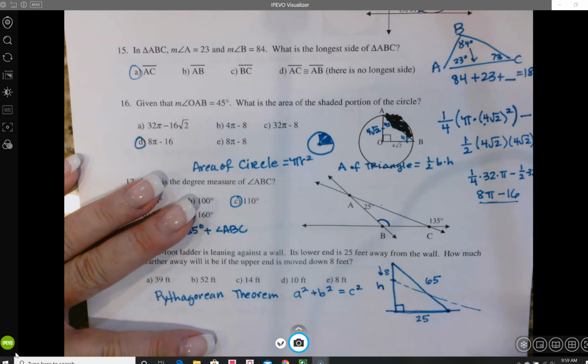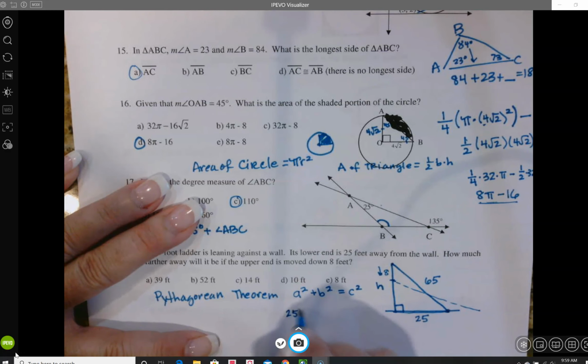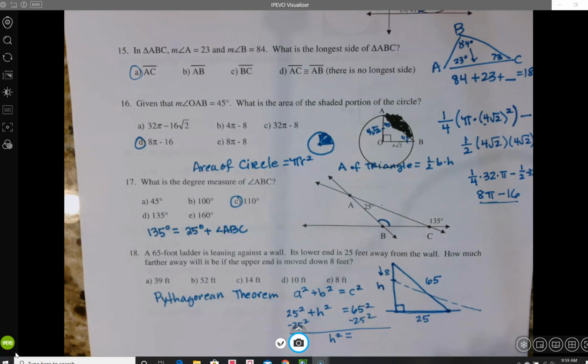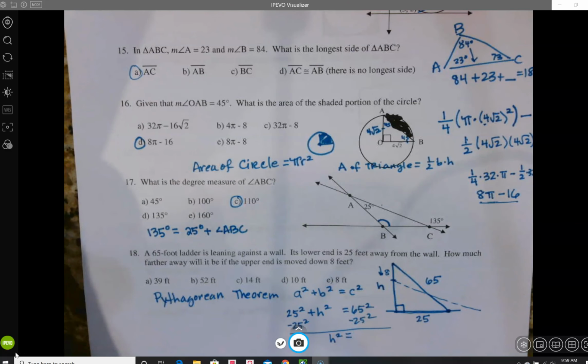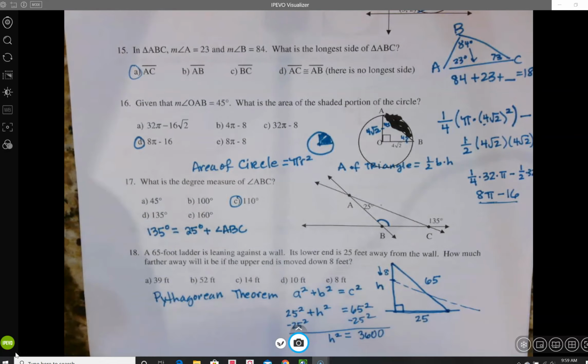So I can figure out what my original height is, because I can say the one leg plus the height squared is equal to the hypotenuse squared. So I'm going to subtract the 25 squared from both sides, and my original height squared, 65 squared, is 4,225 minus 25 squared, which is 625. I get 3,600. And then I'm going to do a square root.